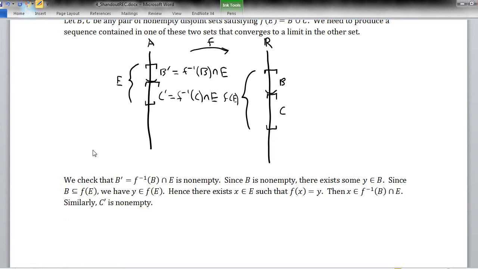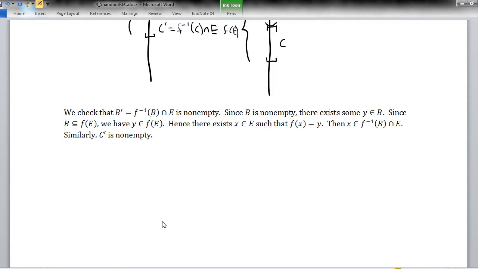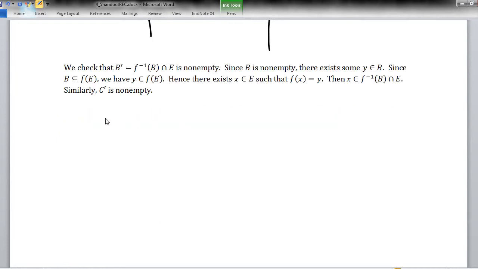So for that we have, let's see here, B prime intersect C prime is by definition f inverse of B intersect E intersect f inverse of C intersect E. And the parentheses don't matter so much here because they just have the intersection of four sets.